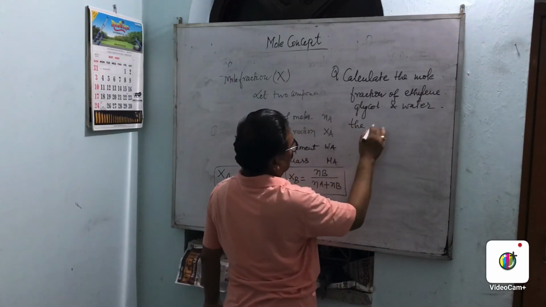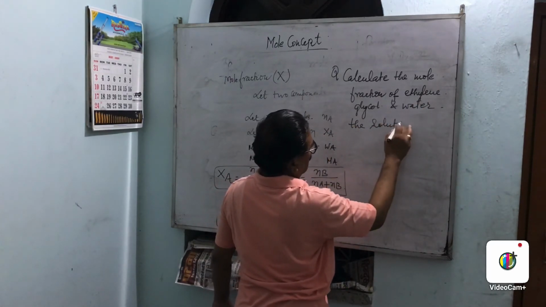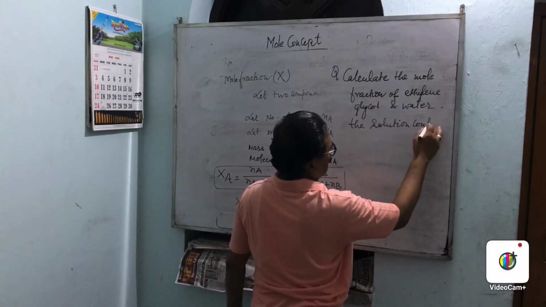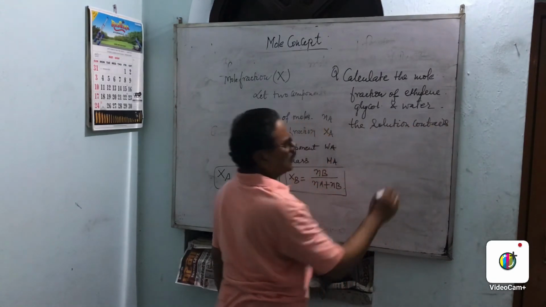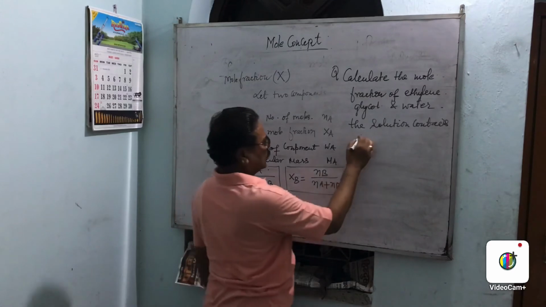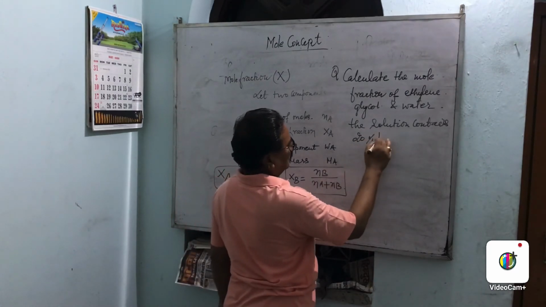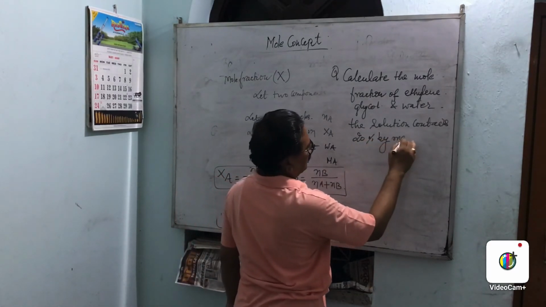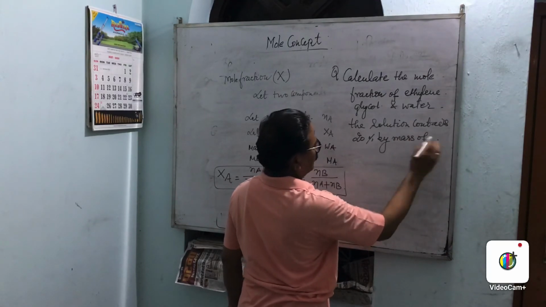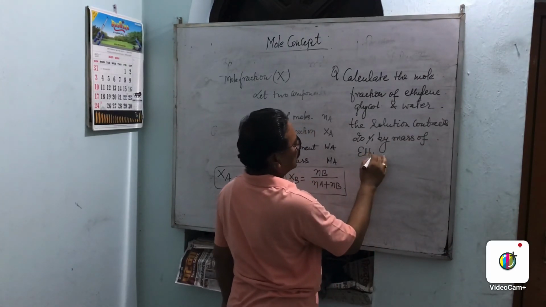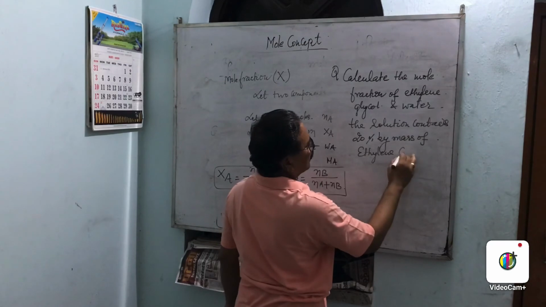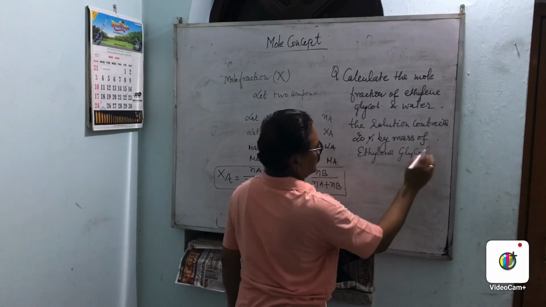The solution contains 28% by mass of ethylene glycol, so we also introduce the concept of mass percent here. This is the problem.